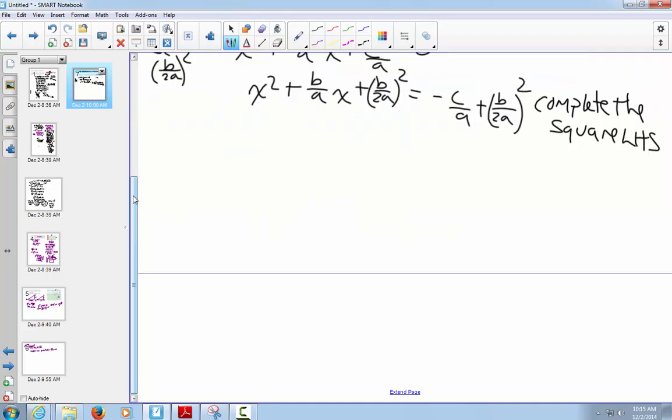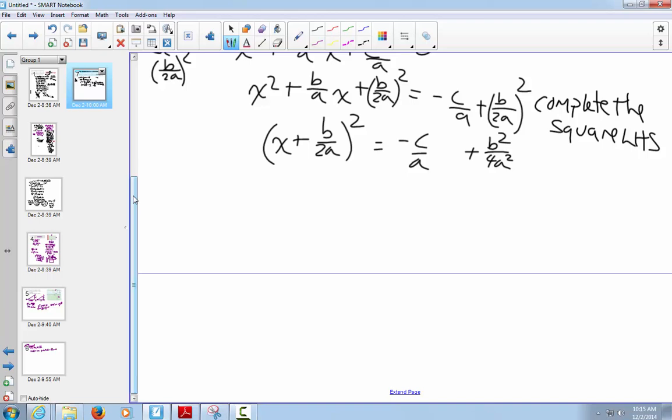And as usual, this is starting to look a little confusing. So we get x plus b over 2a squared is equal to negative c over a plus b squared over 4a squared.